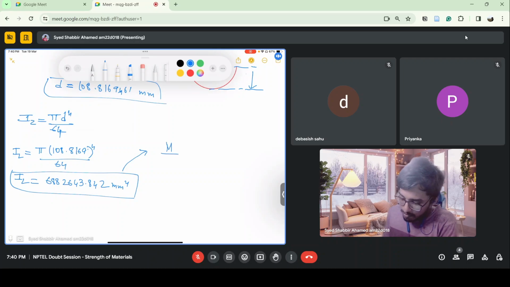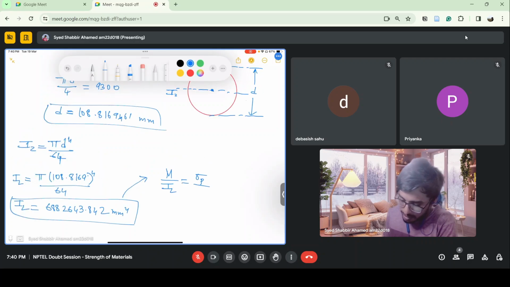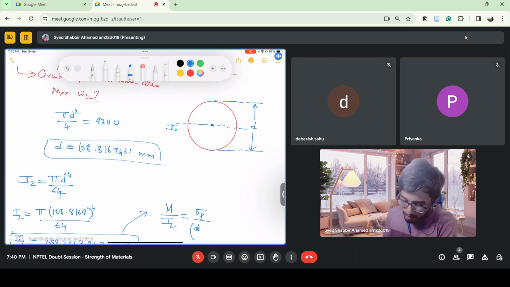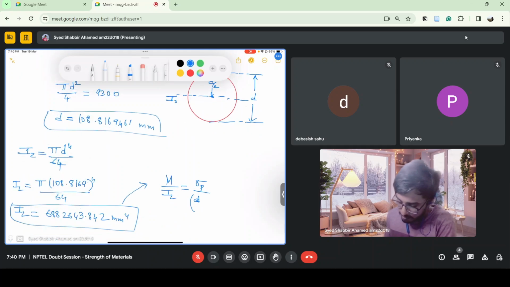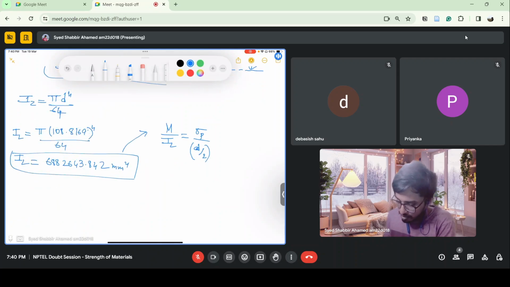Again, we go to the flexure formula. Permissible stress. Here, this is diameter by 2. The distance of the top fiber from the neutral axis is d by 2. I should have taken capital B, but it's fine.